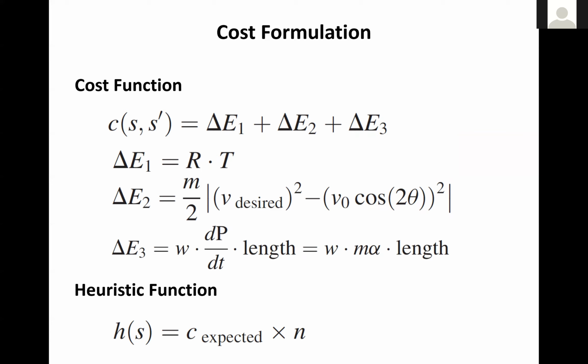And this is essentially an energy formulation. So the first term is essentially a fixed rate of energy which the character expends per unit time. T here is the time duration of the footstep, and R is a constant term. So this is essentially a fixed penalty term that penalizes the longer the footstep is.